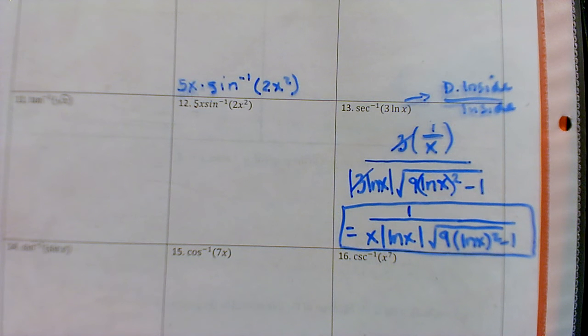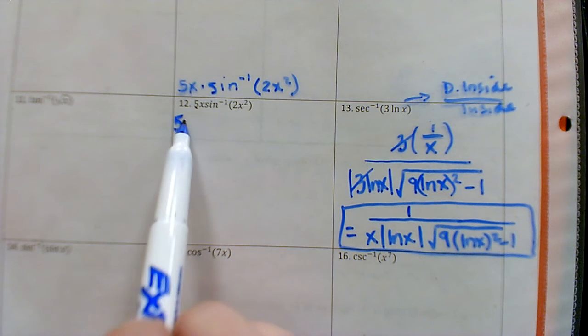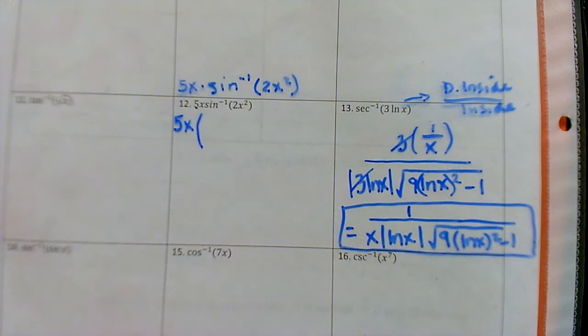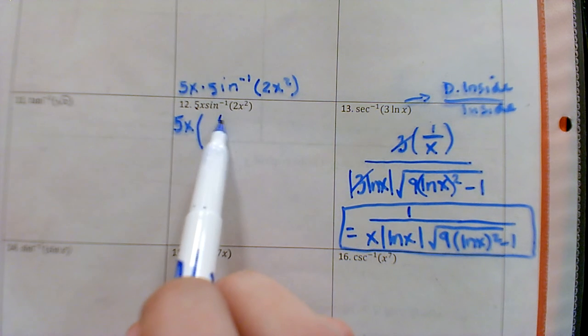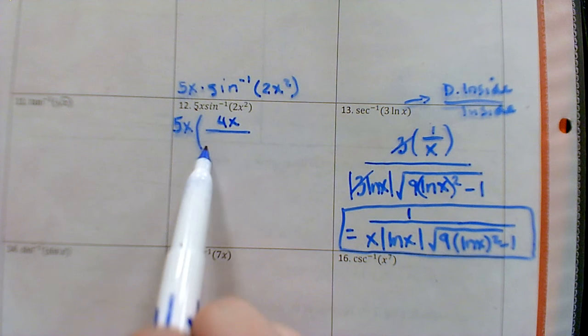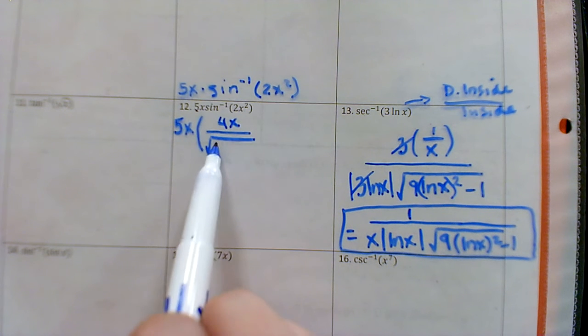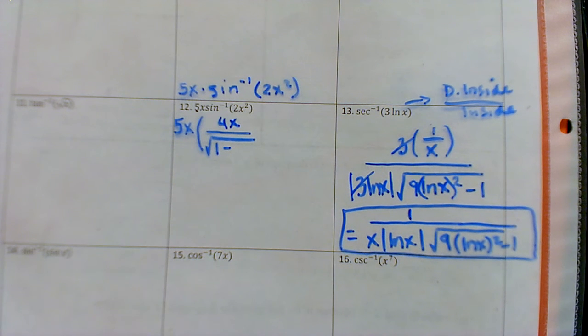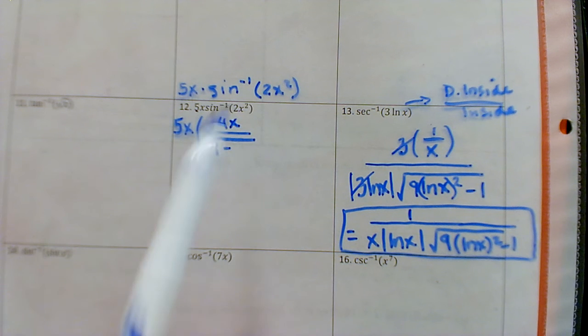So we have to go through our product rule. We have 1, and then we got to figure out d2. So the derivative of the inverse sine, we need the derivative of the inside, which is 4x, over the square root of 1 minus the inside stuff squared.